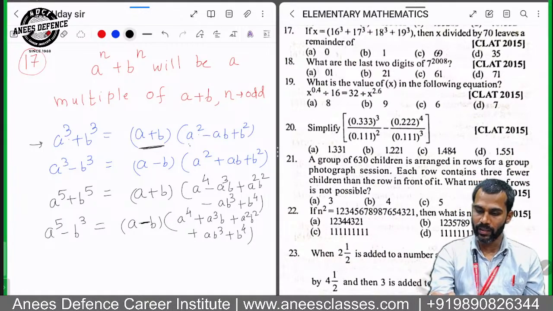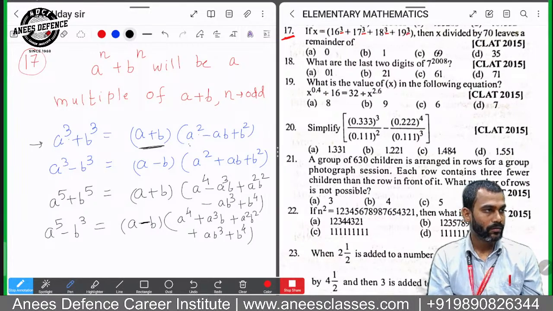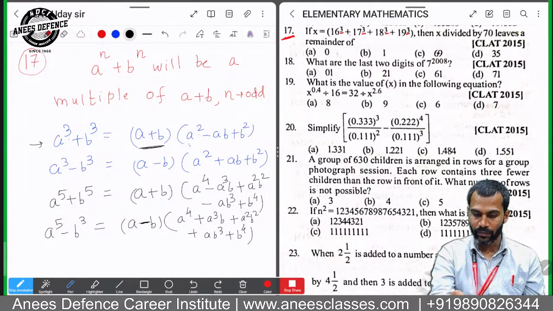Now, if you see in this question, question number 17, power is odd and all are equal. Yes or no? Here, what is the factor? 16 plus 17.